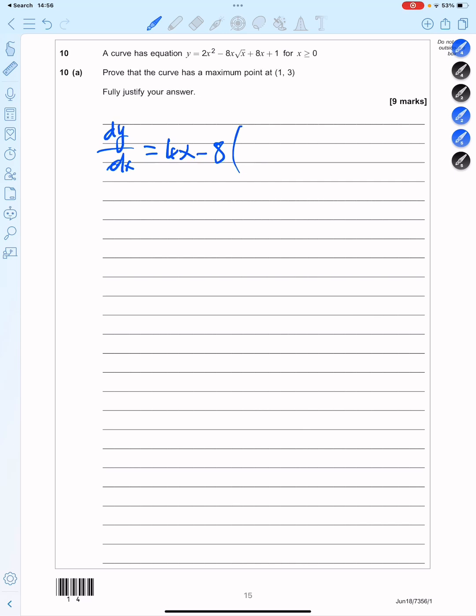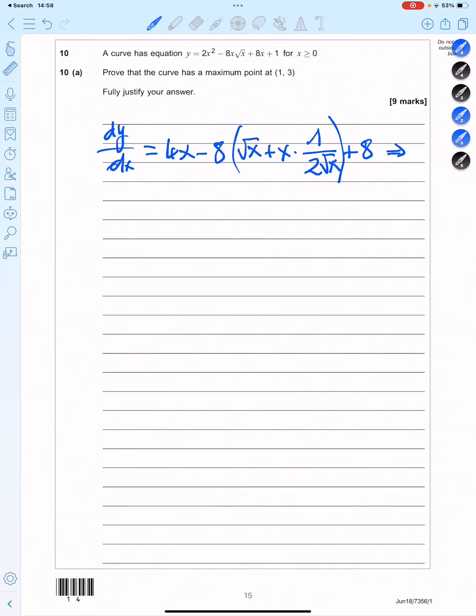I'm going to use the product rule, so the derivative of the first would be 1 times the second, so 1 times root x is root x, then plus the derivative of the second times the first, so x times the derivative of root x, which is 1 over 2 root x, then plus the derivative of 8x would be 8, and the derivative of 1 would be 0.